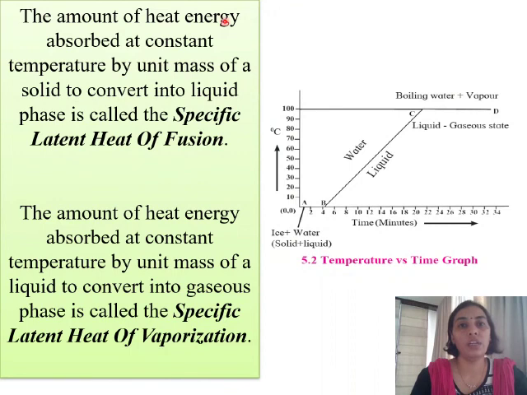The amount of heat energy absorbed at constant temperature by unit mass of a solid to convert it into liquid phase is called specific latent heat of fusion. So this is line AB, that is for latent heat of fusion, and it is the amount of heat energy that the ice absorbs for its transition, that is conversion from the solid to the liquid state.